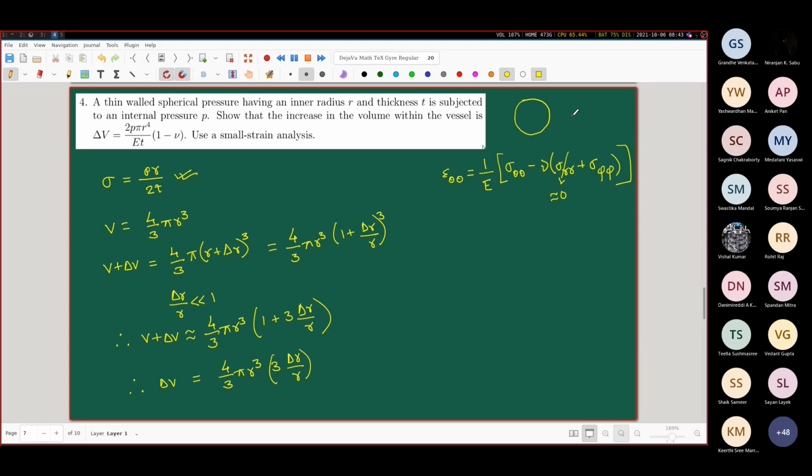Usually we write this is your R, this is your theta, this is your phi, or some other way. So there is no distinction between theta and phi. That is why sigma theta theta is the same as sigma phi phi. That is why there is no sigma 1 and sigma 2 here. It's the same thing.